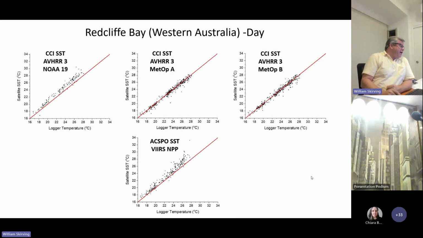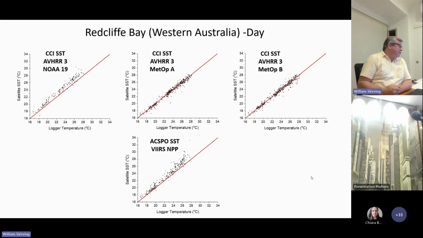You can see the CCI on MEDOP A and MEDOP B look great, and indeed you'll see in a minute that it is great. Axpo does the same story for daytime and is on the warm side at the higher end. In fact, it's on the warm side right down the temperature range.